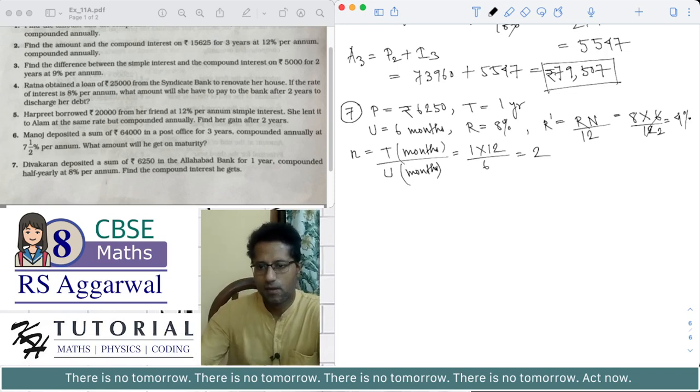So, definitely the scenario is that since we have to calculate the interest 2 times, A2 will be the final amount.